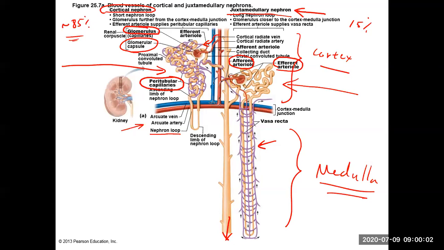Now, the blood vessels associated with the juxtamedullary nephron is just called vasa recta. That's all. For a reference point, capillaries around the cortical nephron are peritubular capillaries. So that's something that we wanted to talk about.